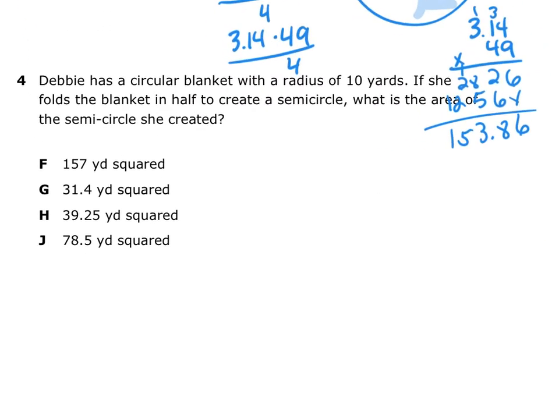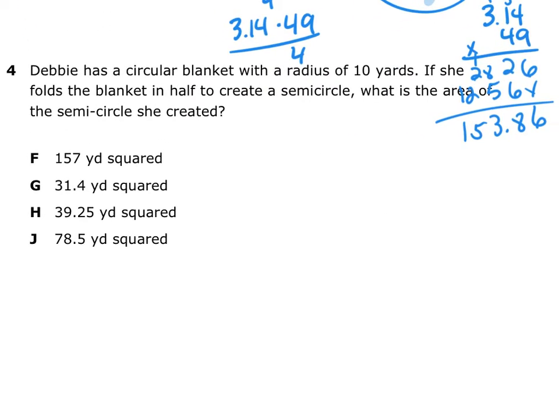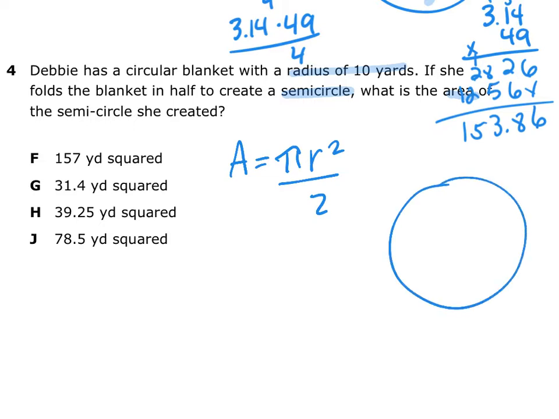Number 4, Debbie has a circular blanket with a radius of 10 yards. If she folds a blanket in half to create a semicircle, what's the area of the semicircle? So we need that formula, pi r squared divided by 2. Okay, so we have a circle, and then we have a radius of 10 yards.